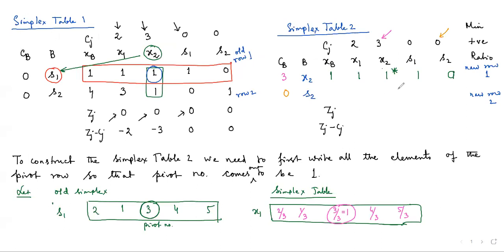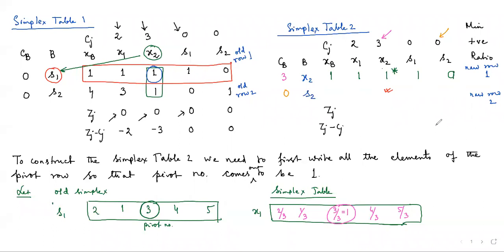I want to bring 0 in this position, because this is the pivot number in the new row 1. This is my old row 2. So the following matrix operation I can perform in this particular case.